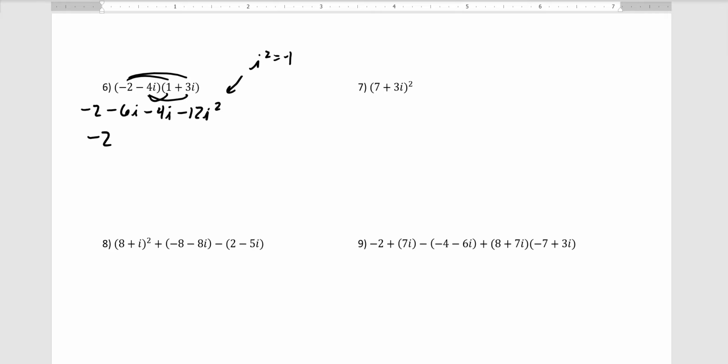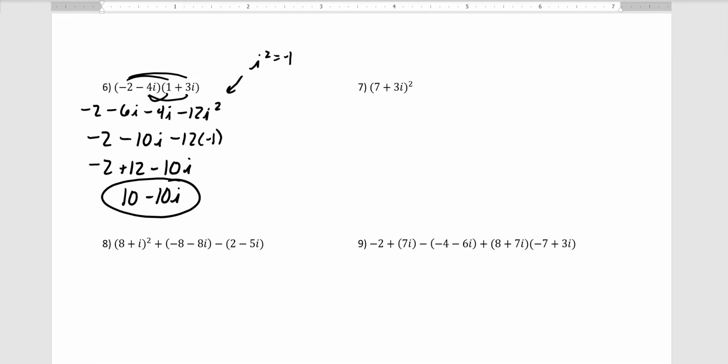So when I combine terms, I had negative 2 minus 10i minus 12 times negative 1. So negative 12 times negative 1 would become positive 12. So I have negative 2 plus 12 minus 10i. And that gives me 10 minus 10i. Voila.